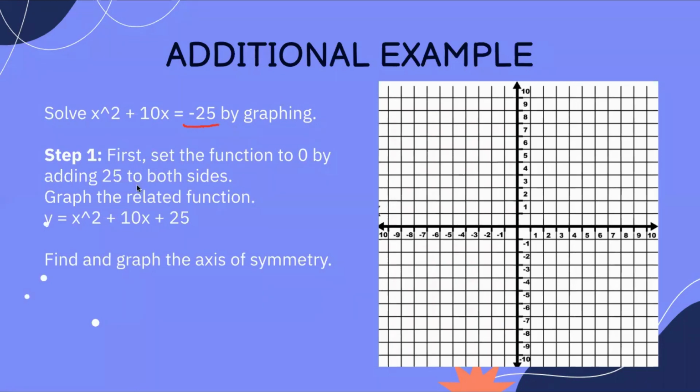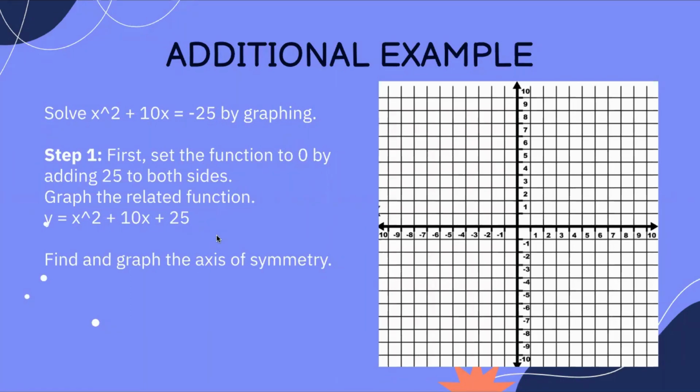That would give you x squared plus 10x plus 25 equals 0. And if you were to write the related function, you would just replace your equals 0 with equals y. And now that you have your related function, you can get started with graphing.